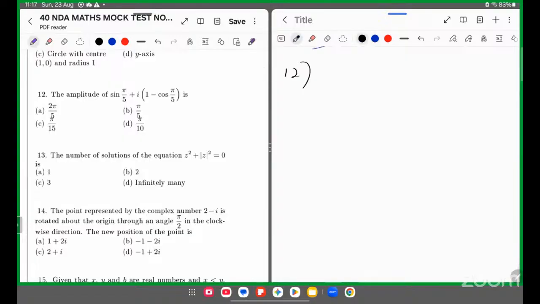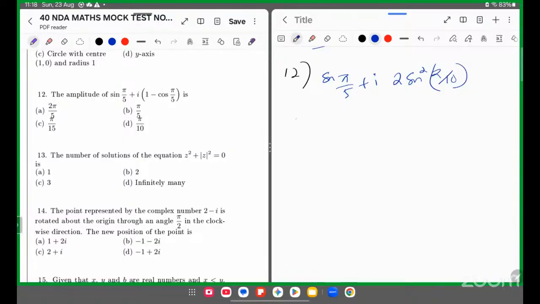The amplitude of sine pi by 5. So I can write sine pi by 5 plus iota into 1 minus cos theta. 1 minus cos theta is 2 sine square theta by 2, so I can write it as 2 sine square pi by 10.